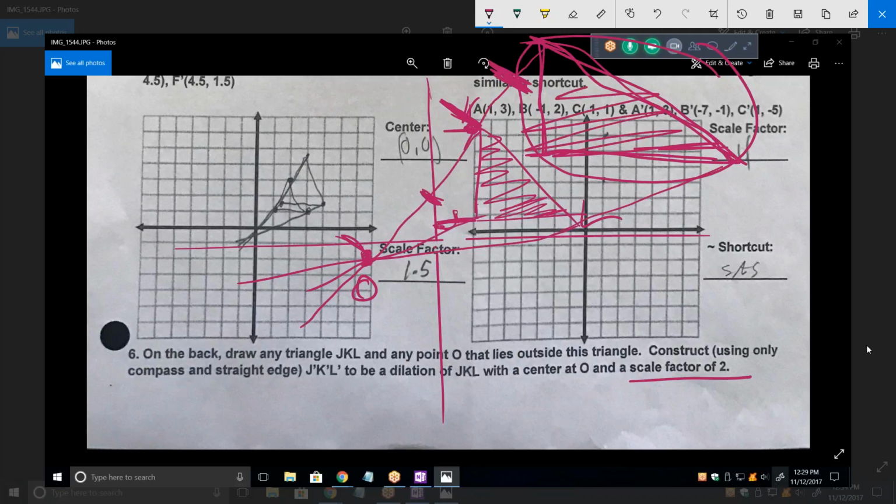In other words, this triangle up there. And that's why I knew I had to go to the upper right, because the original triangle is getting bigger. In other words, I'm going from JKL to J prime K prime L prime and increasing the new triangle by a factor of 2.